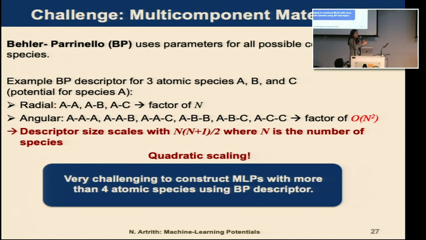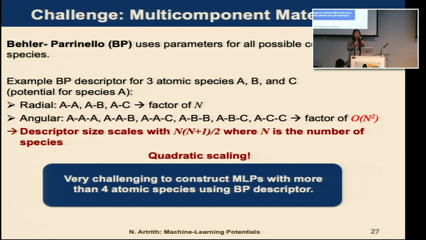I mean, if you have a few chemical species, it's okay to use it. But if we have many chemical species, for example, a complex material like the one I showed in the previous slide, with copper, gold, water, and sometimes you also need to include ions, maybe sodium, chloride, and so many things, then if we use this type of descriptor, it will be very difficult to describe all of them.